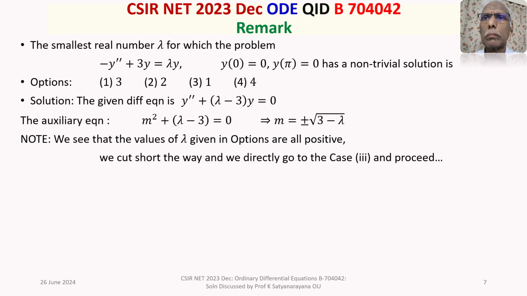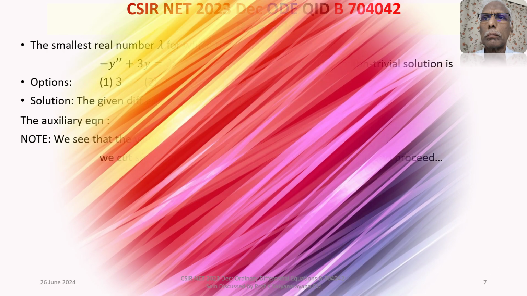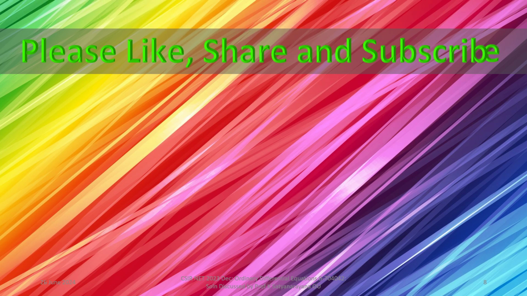But if you want the complete answer and the discussion, that I have shown you in the last 2 slides. So that is the discussion of the solution of a given problem which is based on the concepts of ordinary differential equations. And I am sure that you understood the solution of this problem.